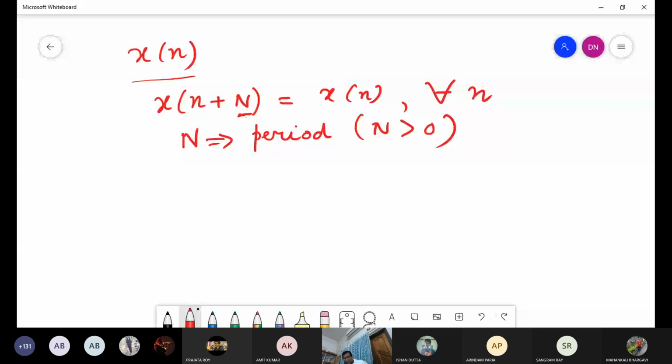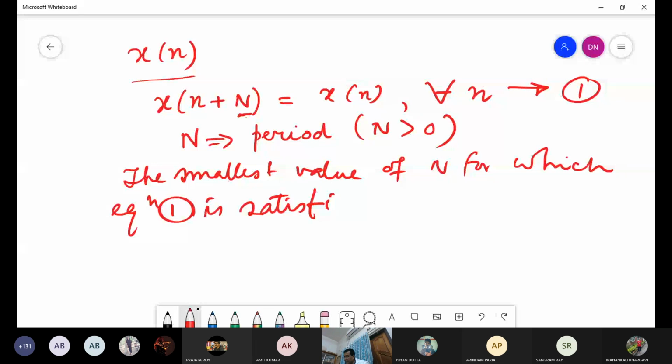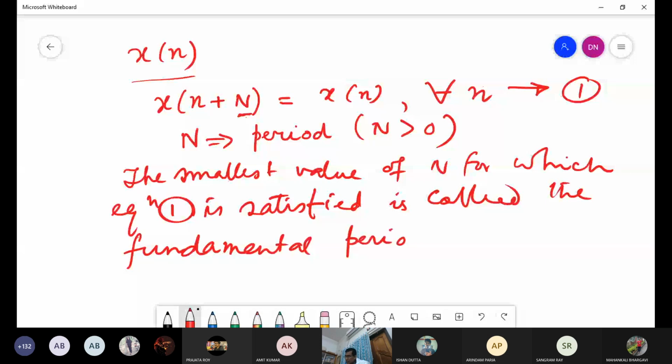The smallest value of capital N for which this equation, suppose this is equation number 1, is satisfied, is called the fundamental period.